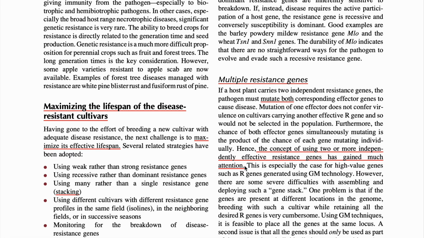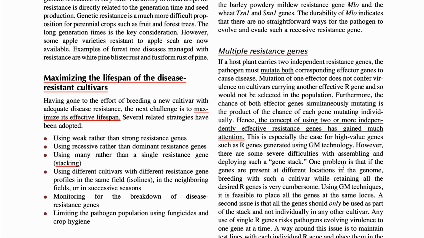So, we can use more resistance genes altogether. This is especially the case for high value genes such as R genes generated using GM technology. However, there are some severe difficulties with assembling and deploying a gene stack.